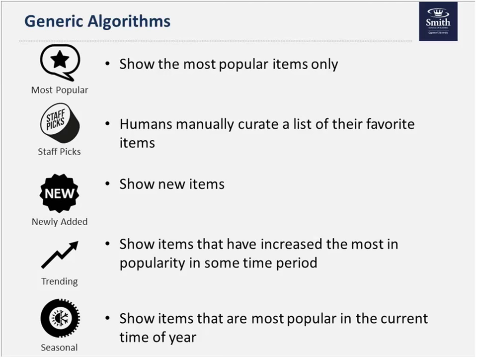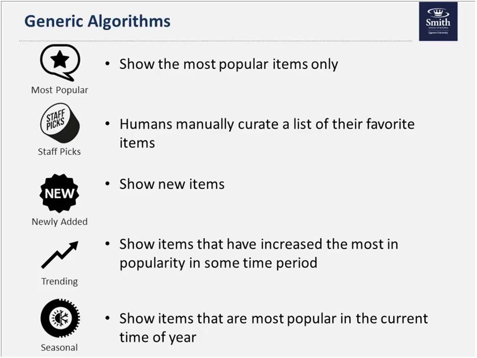You could do newly added. So this algorithm would just show the movies and TV shows that have been added in the last week or last month or whatever time period. You could do trending. So these are the top movies or the movies that have increased in popularity the most over the last day, month, year.